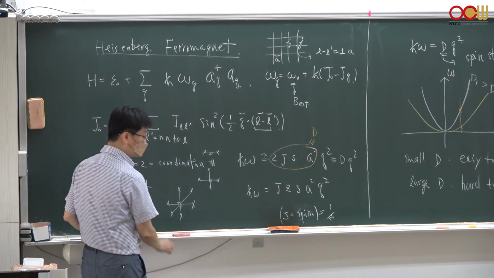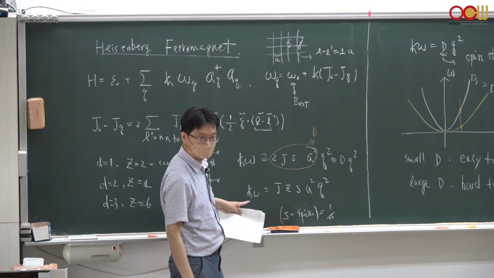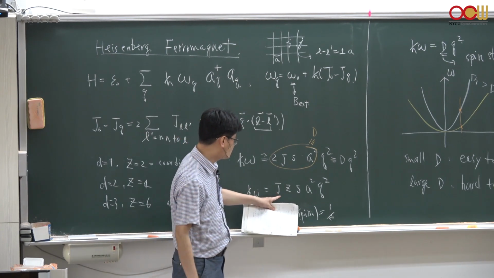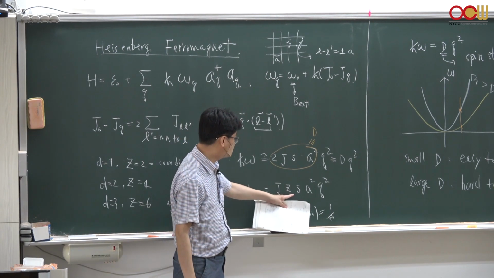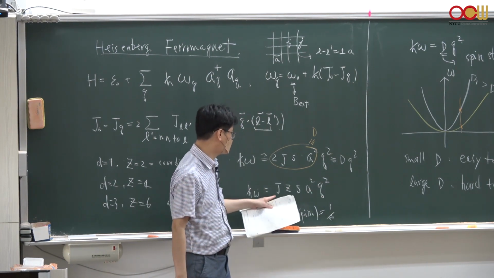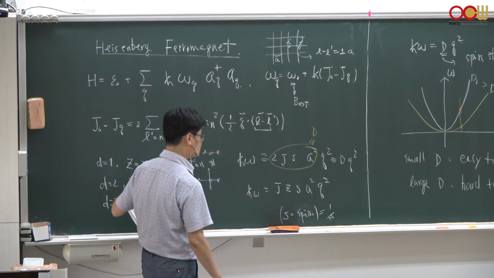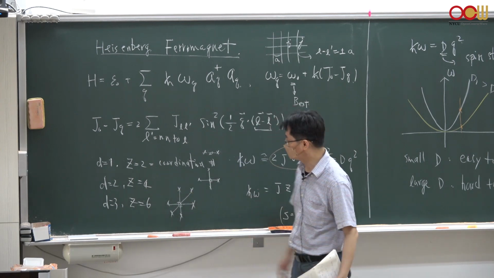In general, for general dimensions, this h bar omega q is given by J z S a square q square, where z is just what we defined here, the coordination number.